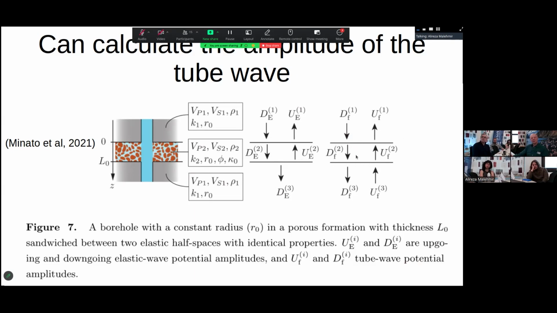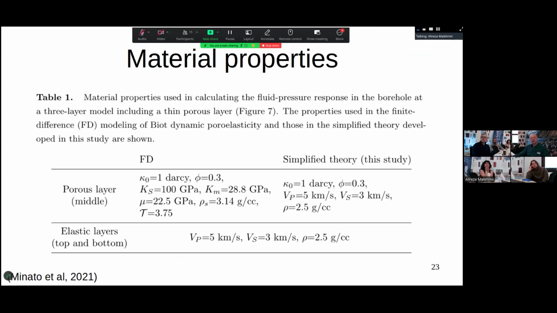So I'm not going to go into the details here, but just want to say that you can develop a model which describes how these waves behave and what amplitudes to expect. And this is what these authors did.